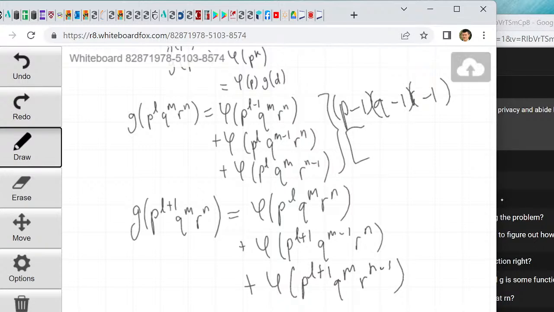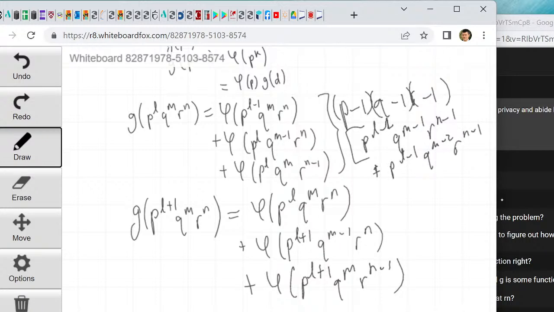And then it seems to be p to the l minus 2, q to the m minus 1, r to the n minus 1, plus p to the l minus 1, q to the m minus 2, r to the n minus 1, plus p to the l minus 1, q to the m minus 1, r to the n minus 2.